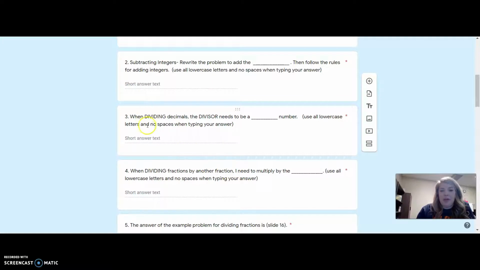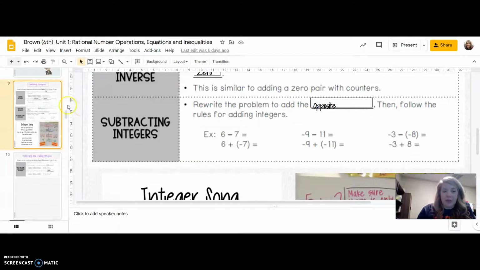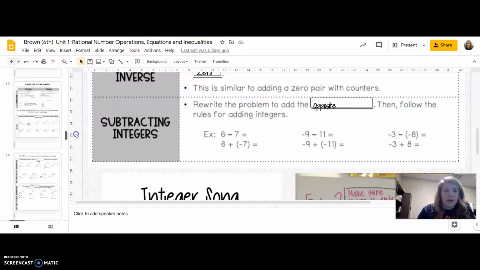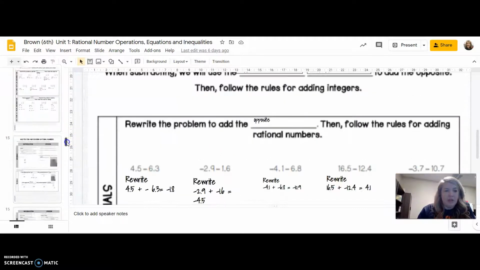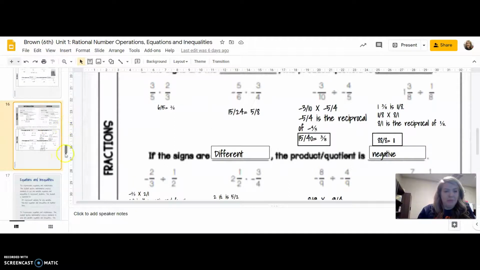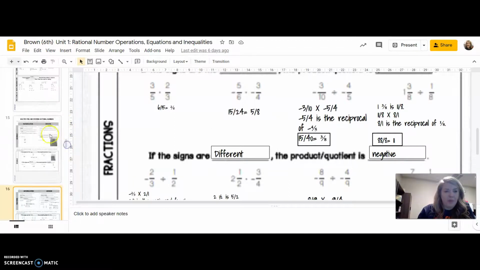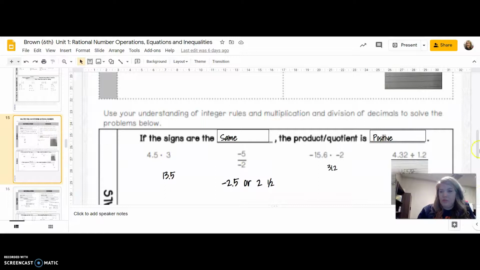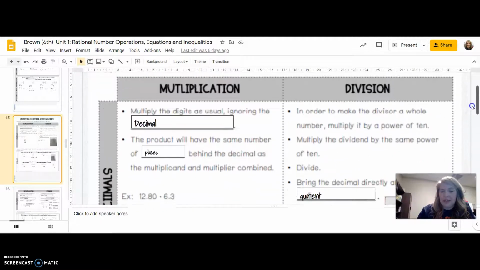Okay, so let's look at number 3. When dividing decimals, the divisor needs to be a blank number. Use all lowercase letters. So again, I'm going to go to my notebook. Okay, I'm going to go to where it talks about dividing rational numbers. I'm going to look at where it says about dividing decimals.